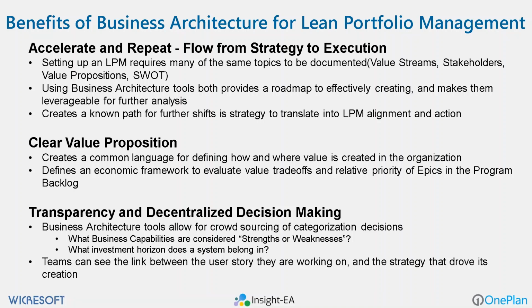The other thing that business architecture brings to your lean portfolio management with respect to value is a very clear and well thought out economic framework that really helps your portfolio managers to evaluate the trade-offs between different types of value and be able to prioritize that backlog with more rationale than just a thumb in the air or measuring the prevailing winds.